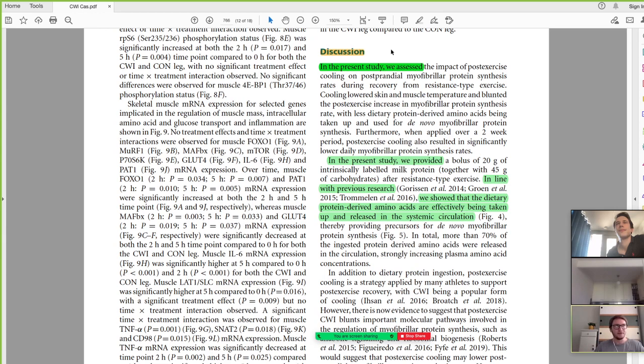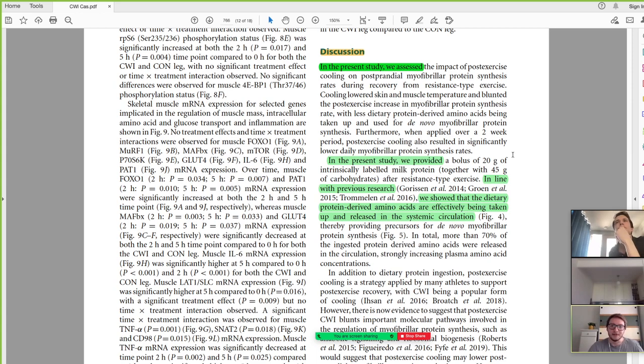So you put them into context, into the bigger picture, like what this all means. It's very nice that you see a difference in 5-hour muscle protein synthesis, but what does it actually mean? So generally in the discussion, you start off with a very short section of the main results. I think Cas also did that here.